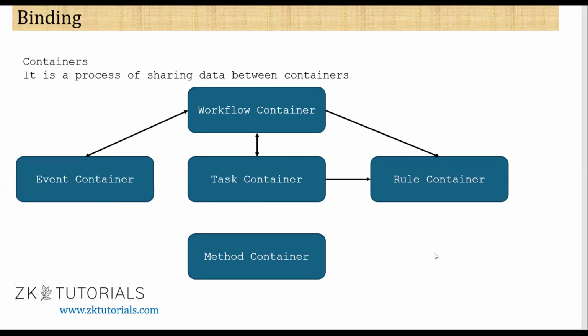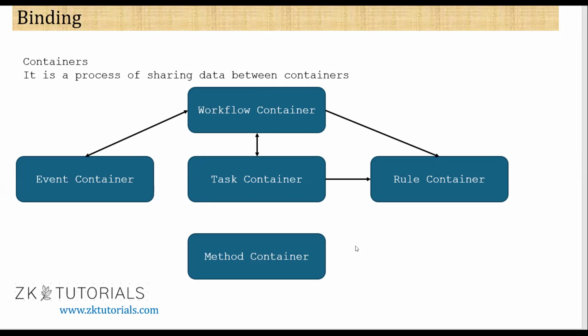From these two containers, the rule container can only receive the data. It cannot send data back to these containers.